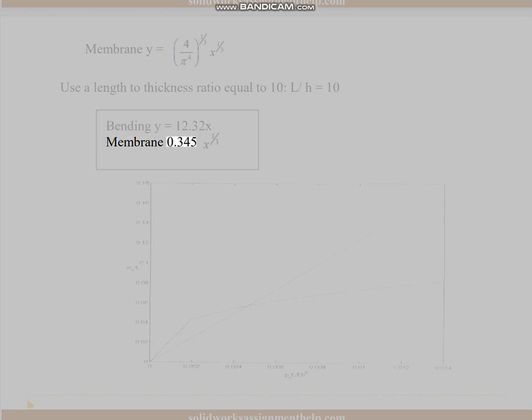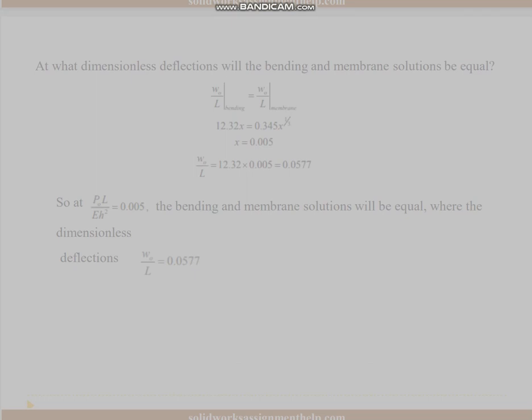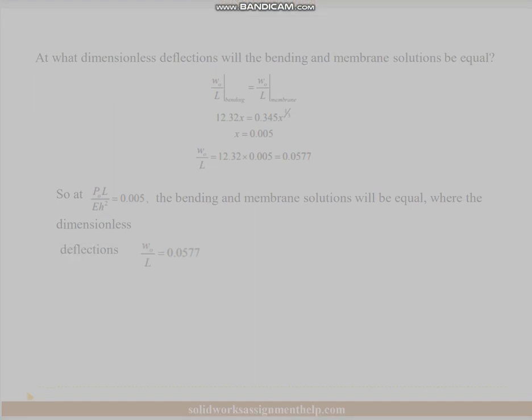Membrane, 0.345. At what dimensionless deflections will the bending and membrane solutions be equal? So the bending and membrane solutions will be equal where the dimensionless deflections.